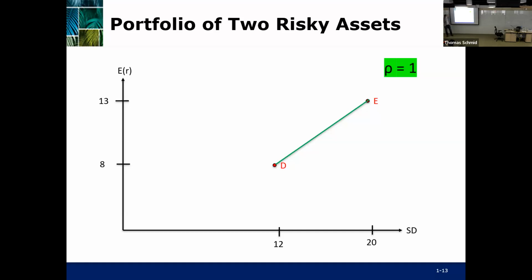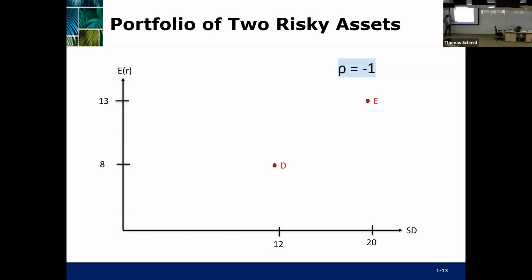Let's move to a different world, and in the different world, the correlation is -1. How does this look now? So what do we know? What is special about the -1 case? There must be one point with 0 risk. Right? That is what we developed so far.